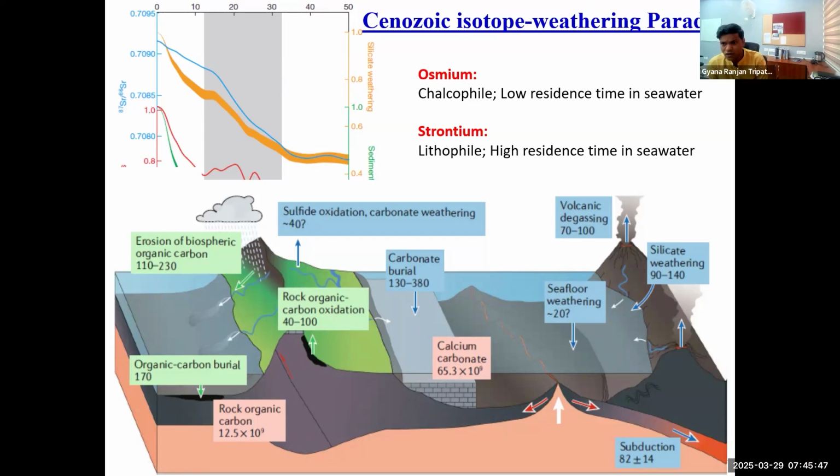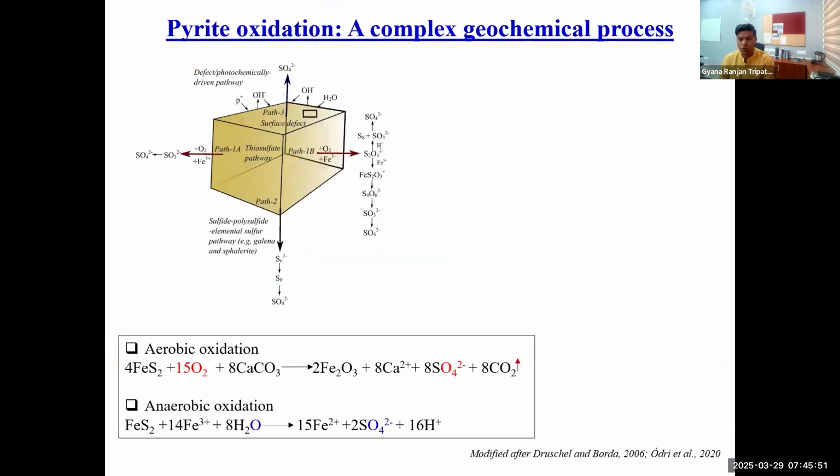How does sulfide oxidation play a role in the carbon cycle? If you find these reduced minerals on the continent, and they oxidize either by interacting with atmospheric oxygen or with aqueous water, they can form sulfuric acid, which is much stronger than carbonic acid.